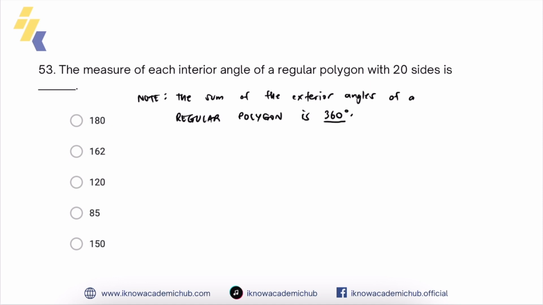Meaning to say, each exterior angle x is equal to 360 divided by 20. So 36 divided by 2 is 18.